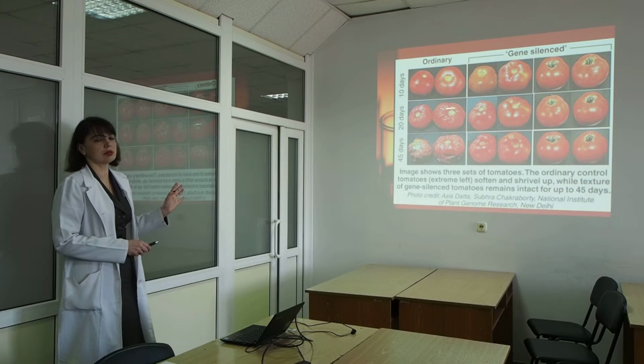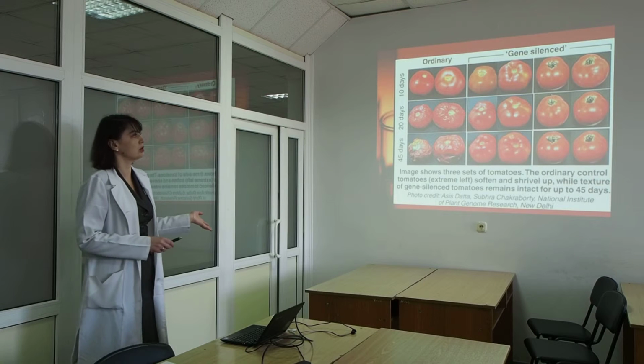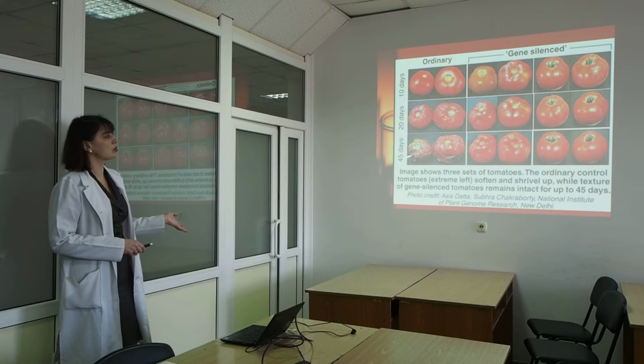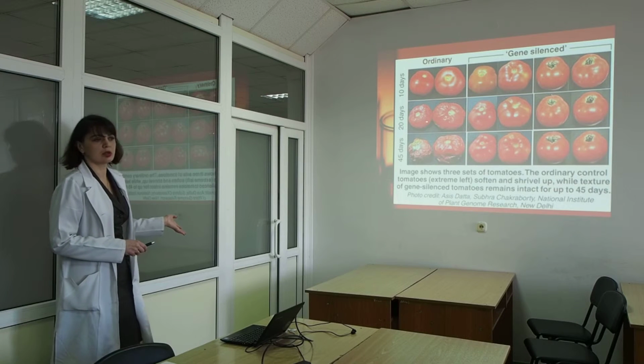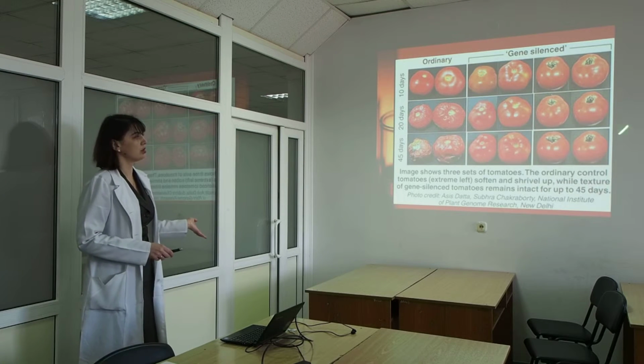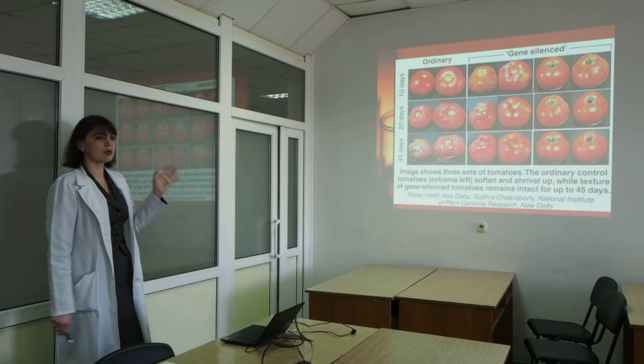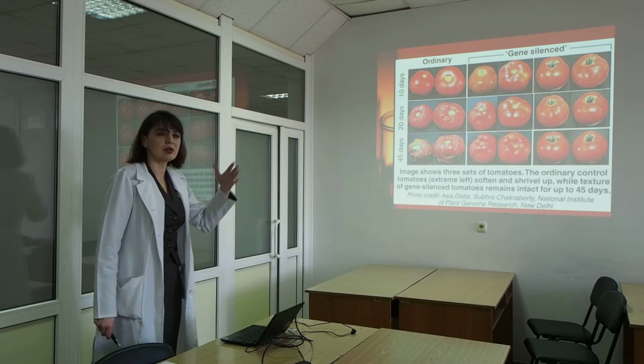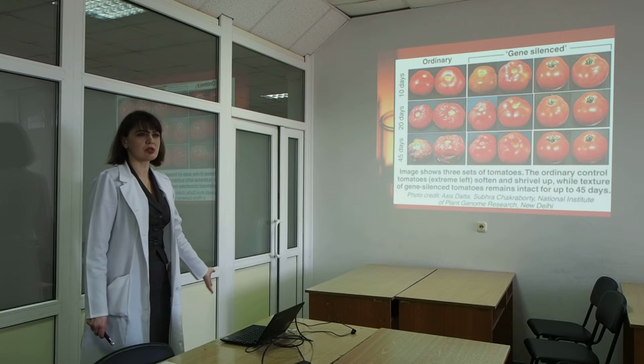You can transport them in frozen condition. After freezers, after refrigerator, normal tomatoes already will look like this. But yours, which are genetically modified, always will be nice looking. You will want to eat them, and they're really nice at first.